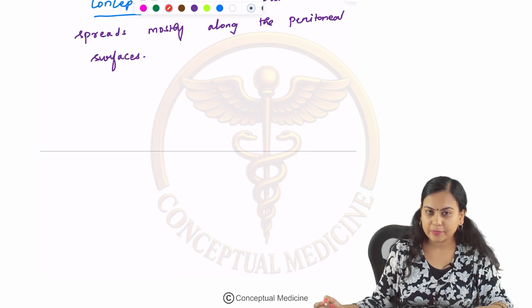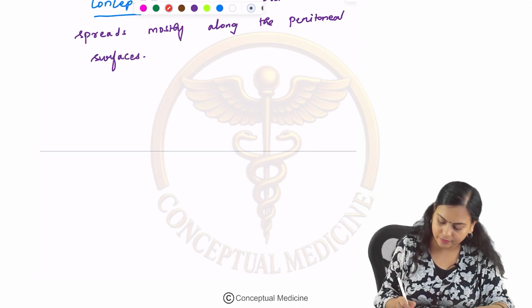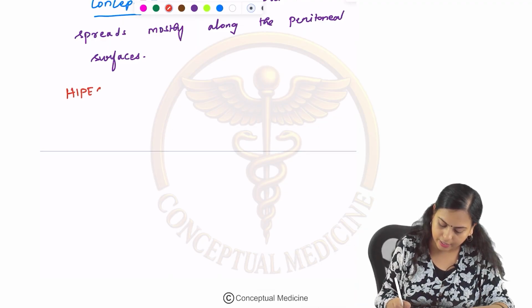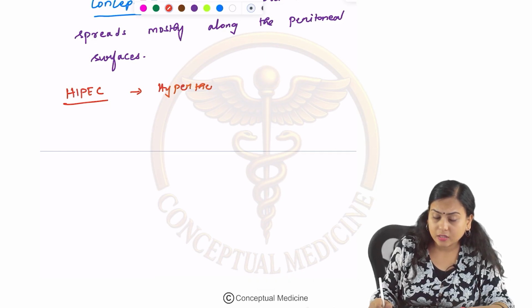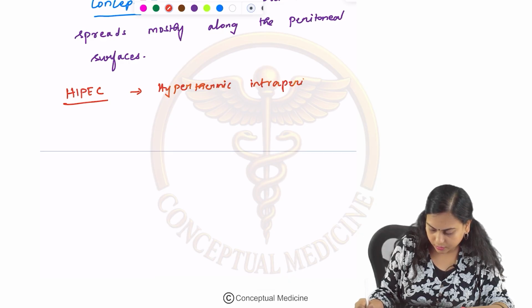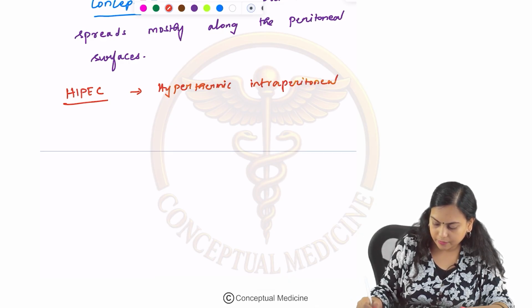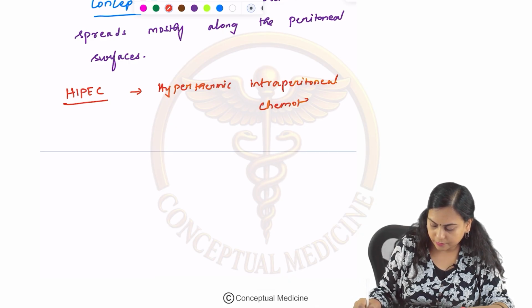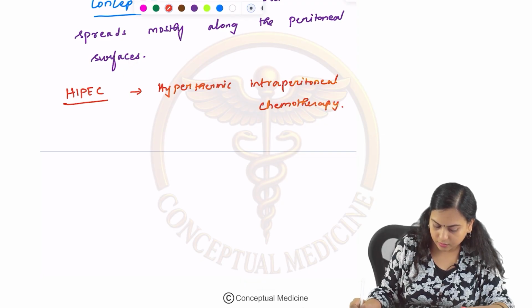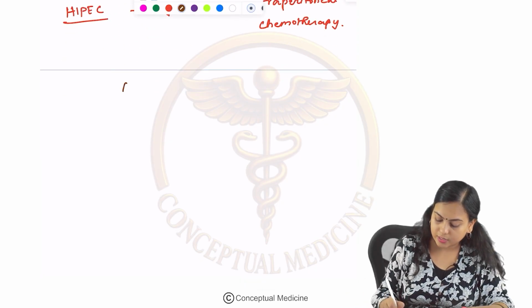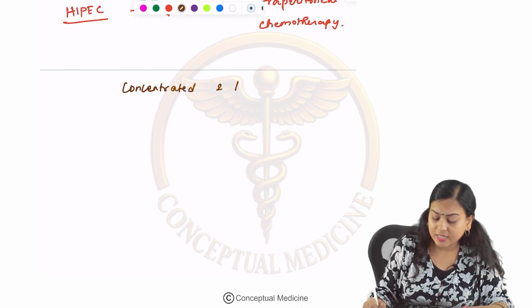Now we have two types of intraperitoneal chemotherapy. First one is HIPEC, which is hyperthermic intraperitoneal chemotherapy. See, here we will be using concentrated and heated chemotherapy.